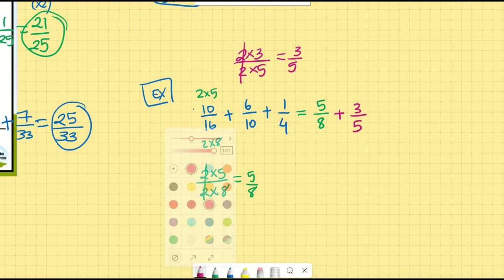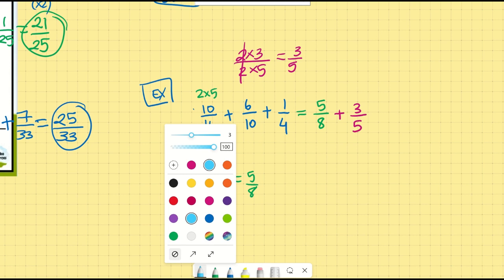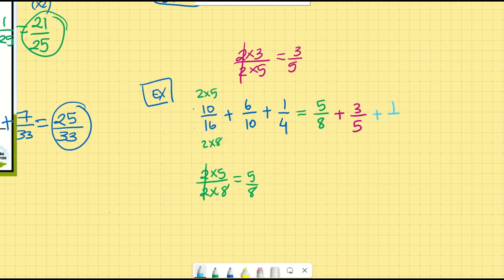Then I am looking at the fourth one. Well, right now, my fourth one can't stay like that. Now I have 8, 5, and 4. Well, I know this one can be 8 easily if I multiply, but I don't have these ones. So this one I need to multiply by 5, this one multiply by 8, and this one multiply by 5 times 2, which is 10.